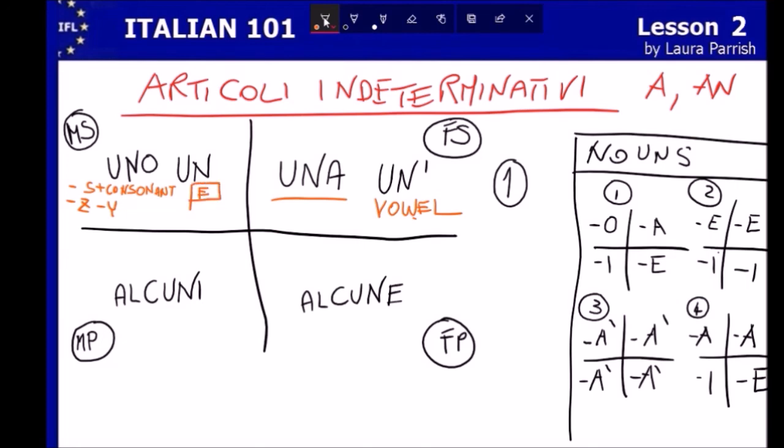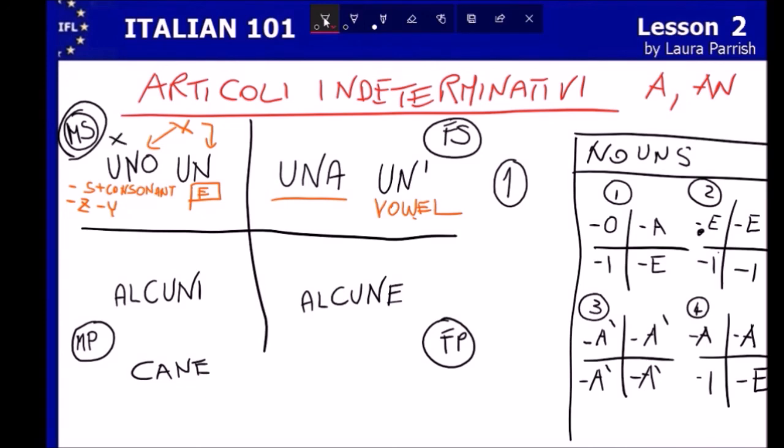It means that anything that is not here is going to be here. That means by exclusion. Let's see one word. Cane. Cane, we already know it means dog, right? We know that because it's masculine singular, so we need to go here to pick up the right article.